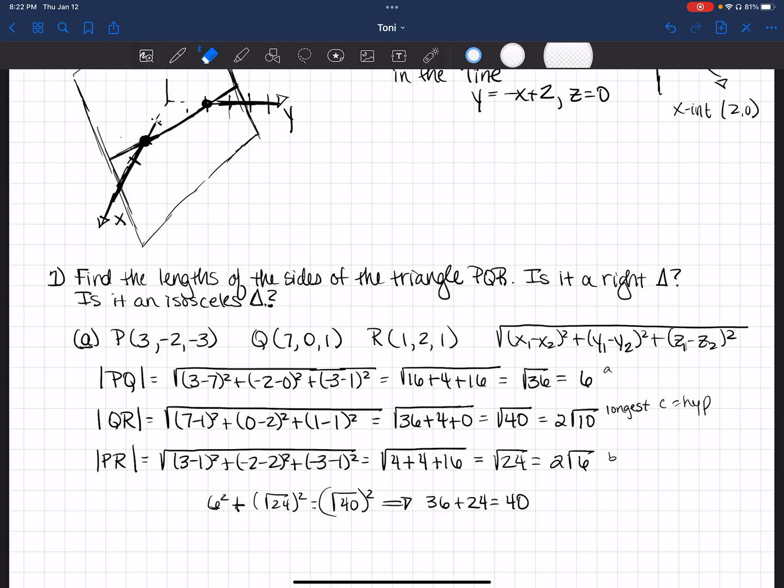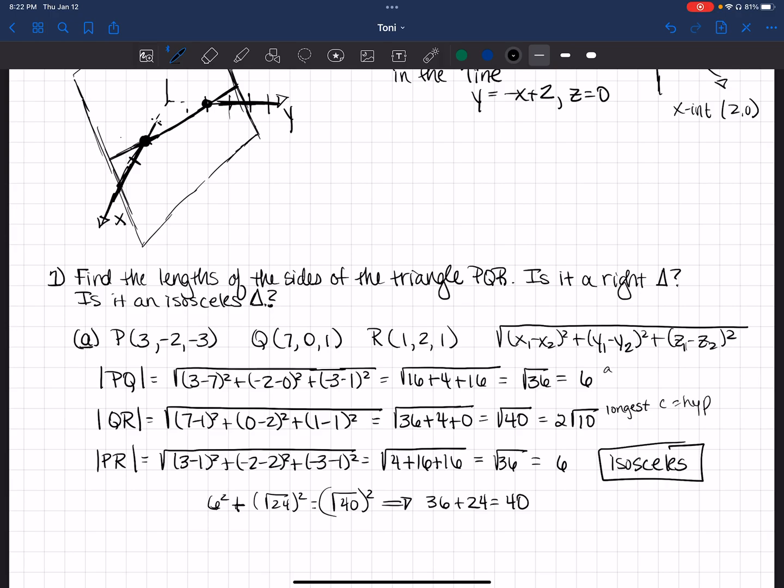That should have been 16 right here. And then that's another 16. So this gives me, let's see, that's 32 and 4 is 36. Okay. And so that's going to give me a 6. And since I have 2 the same, this is isosceles. I apologize for that. That's what happens when I do it in my head too fast.